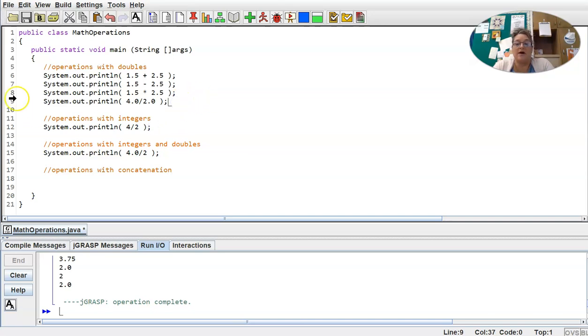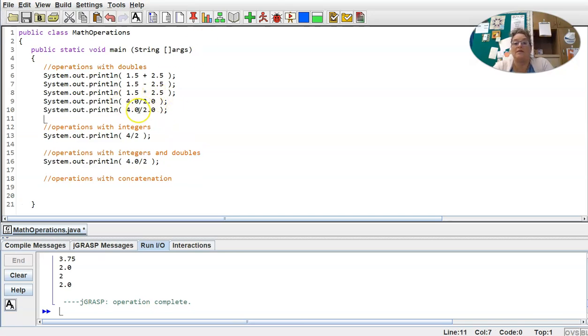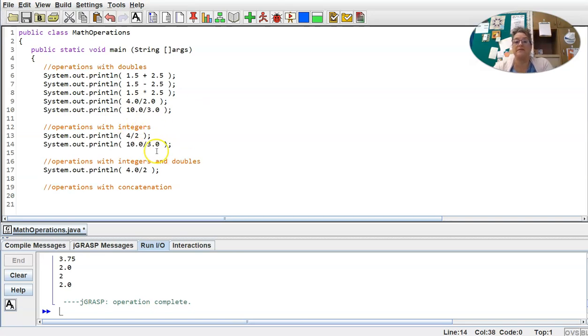Okay. Another thing to look at that's interesting with integer division. Okay, let's try first the double division. And let's divide something that doesn't go in evenly. So let's do, say, 10 divided by 3. Okay? And we're going to look at that as doubles being divided. Then we're going to look at what happens when it's integers being divided.